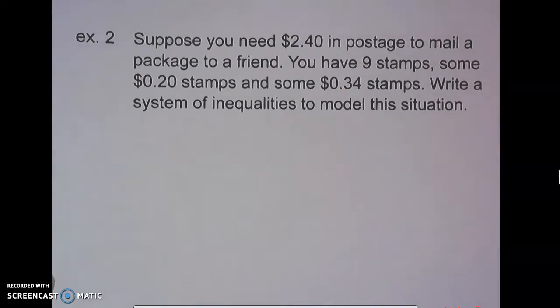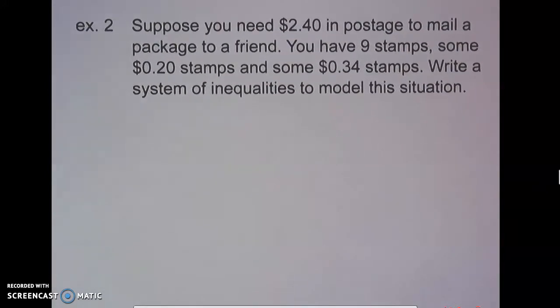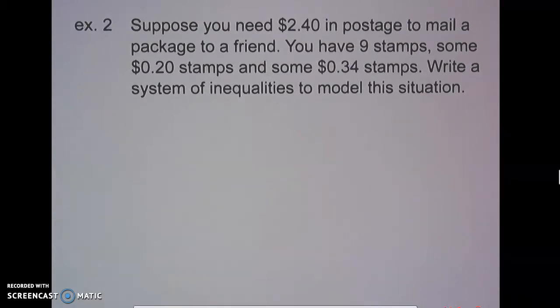Okay. The other question we're going to look at says this. Suppose you need $2.40 in postage to mail a package to a friend. You have 9 stamps, some 20-cent stamps and some 34-cent stamps. Write a system of inequalities to model the situation. All right, so we need to define our variables. What two different things do we have?